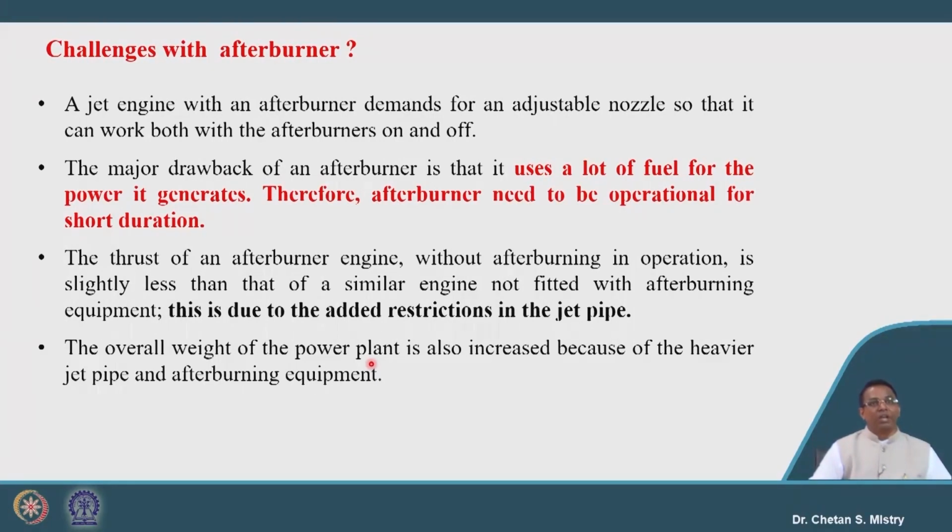In an overall sense, my power plant weight will increase because of the heavier pipeline and afterburner equipment. So a lot of research and development activities are going on in terms of designing these afterburners, afterburner liners, cooling mechanisms, and the design of the exhaust nozzle for the special requirement.